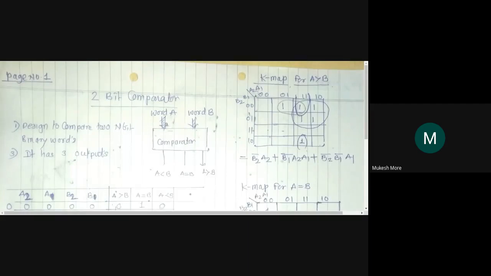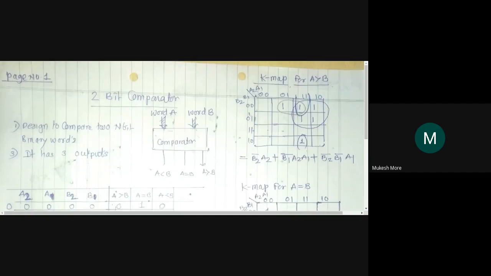It means that word A has many bits in the single number, as well as word B has many bits in the single number, so I have represented them with thick lines because they may contain a number of bits.